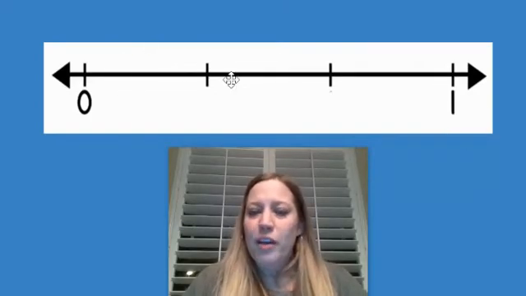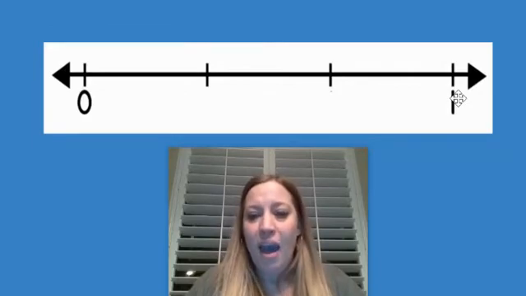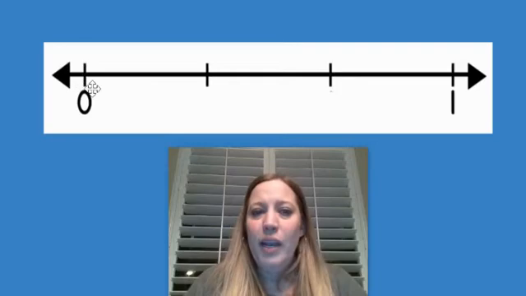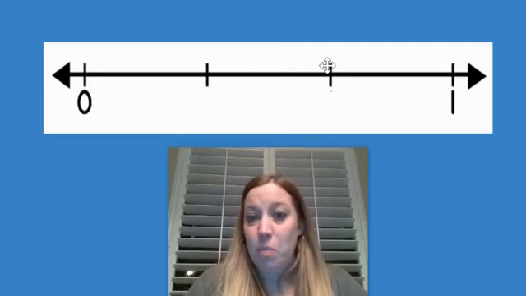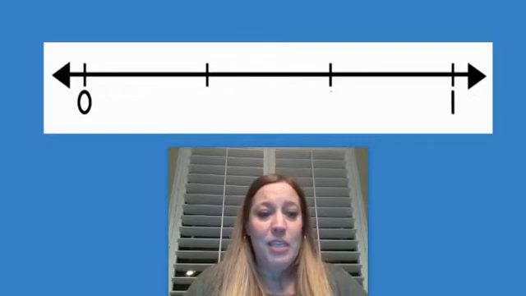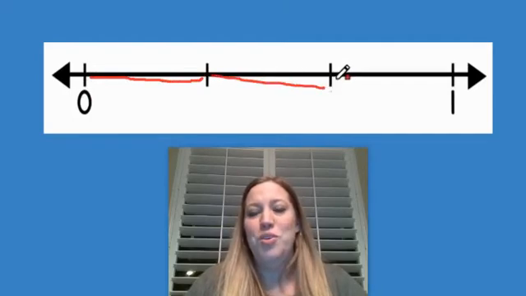So when we're trying to figure out what the unit fraction is, we need to think about how many pieces there are. I don't want to go in and just count the tick marks. That's not what I'm looking for. What I want to find is how many pieces. So I've got 1 piece, 2 pieces, and 3 pieces.